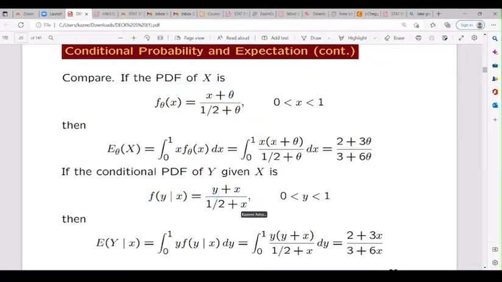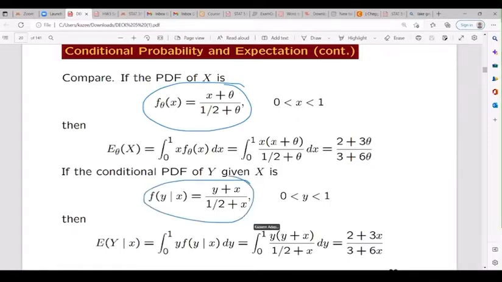Look at that. Focus on this and focus on this. Take a look at that once again. f of x is in terms of x and theta. Theta here is more or less like a constant, right? If I want to find f of y given x, which is the conditional version of that, I'm just going to plug in y for x and x for theta.